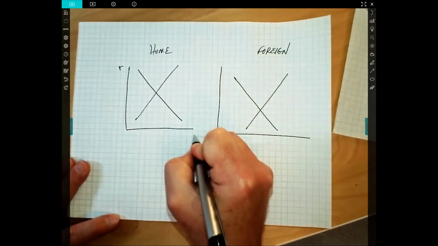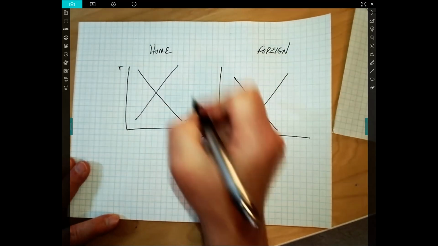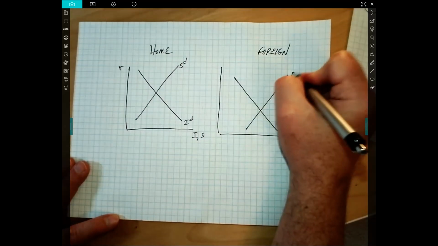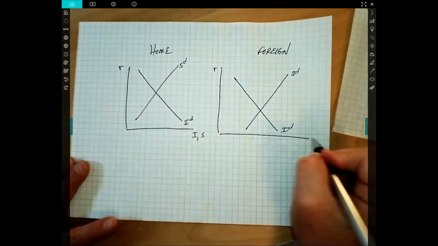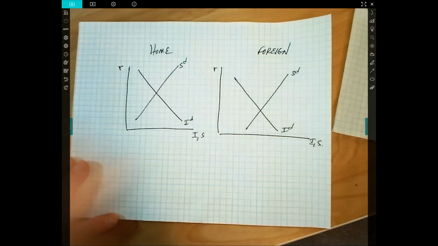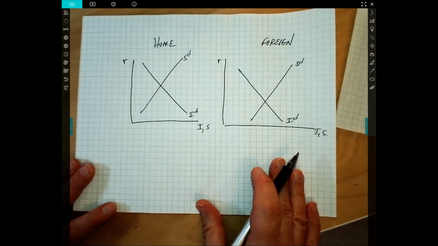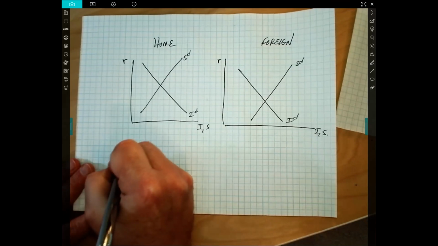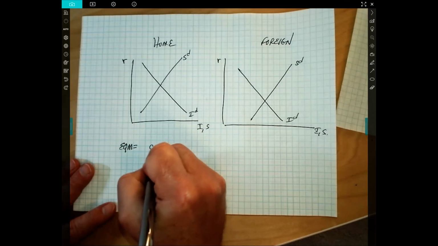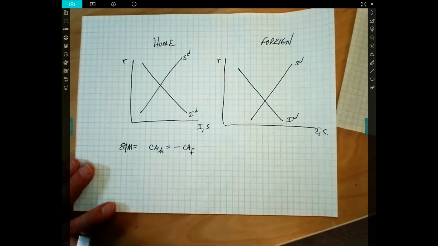So the real interest rate, investment, saving, here's desired investment, desired saving, desired investment, desired saving, real interest rate in each country. All right, so first of all, we've got to find where the equilibrium world interest rate is. Right, the equilibrium happens when the current account in the home country is equal to minus the current account in the foreign country.